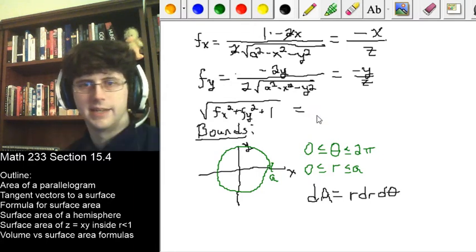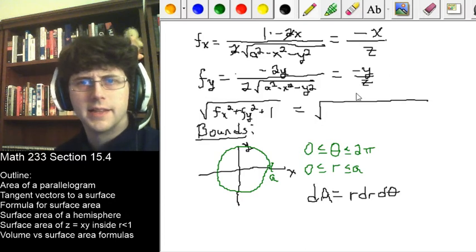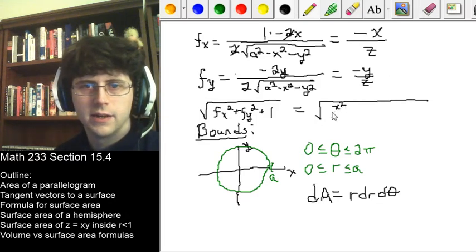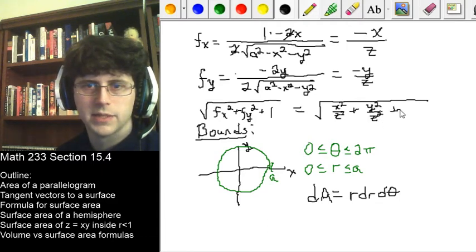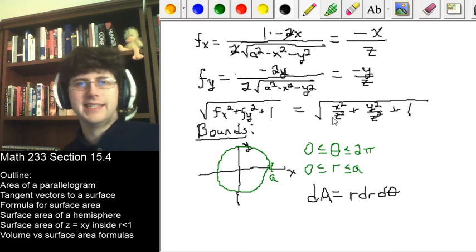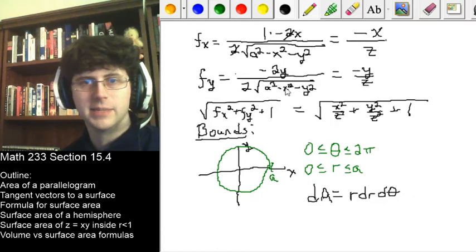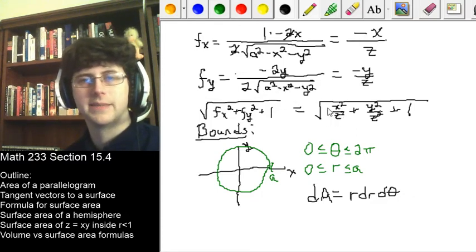Let's just get what that looks like. That's going to be x squared over z squared plus y squared over z squared plus 1. And by z, z is not actually what's going to show up in the integral. I'm just writing z because I don't want to write the square root repeatedly.